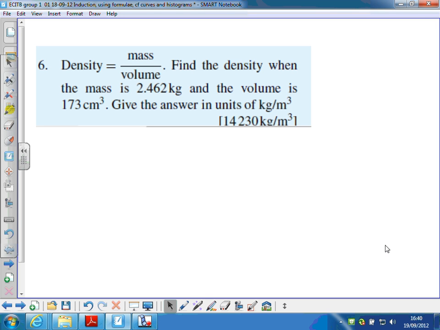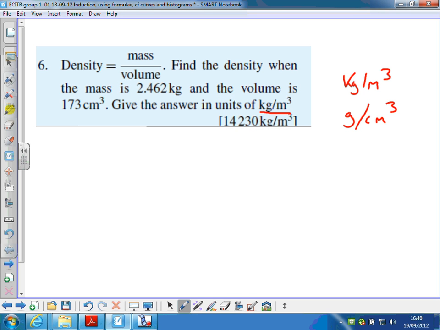The problem with this question is that you've been asked to give the density in units of kilograms per cubic meter, which is common. We either use kilograms per cubic meter or we use grams per cubic centimetre. We don't mix the two up and talk about a density in terms of kilograms per cubic centimetre or grams per cubic metre. So we've got mixed units here.